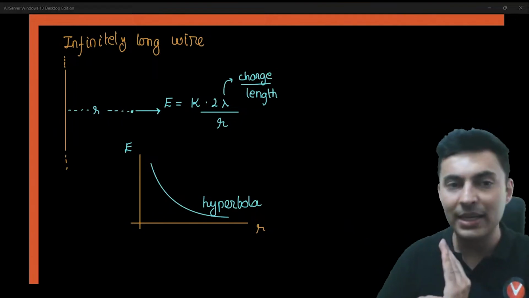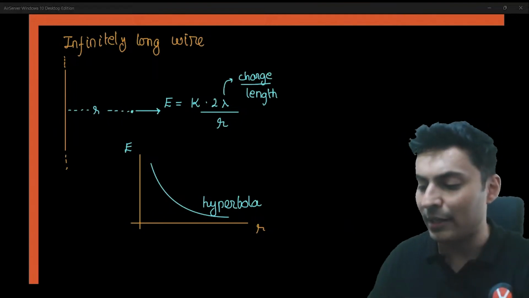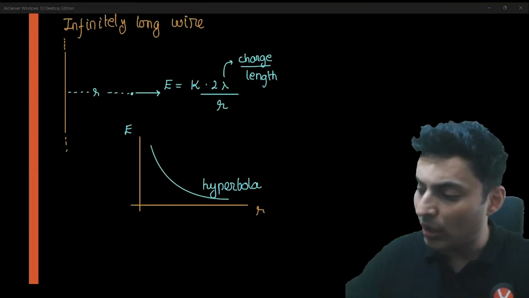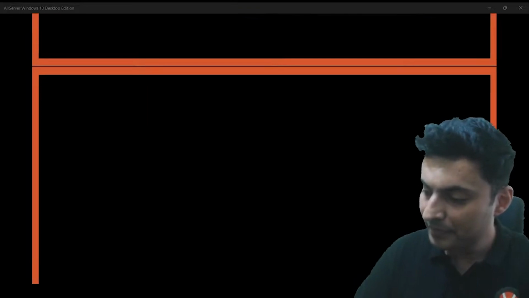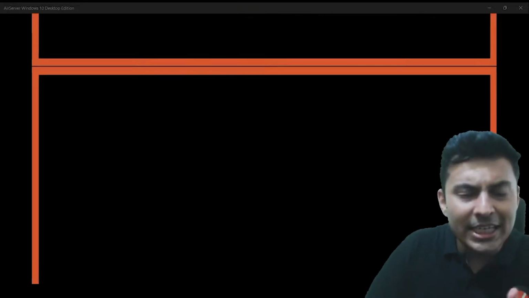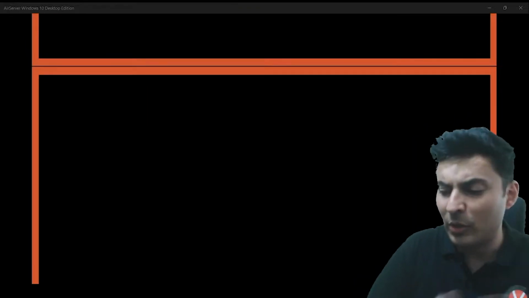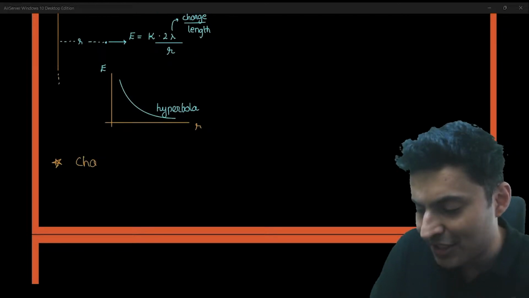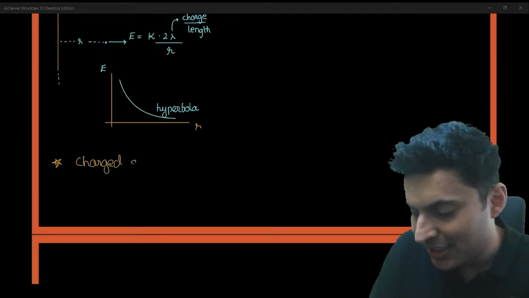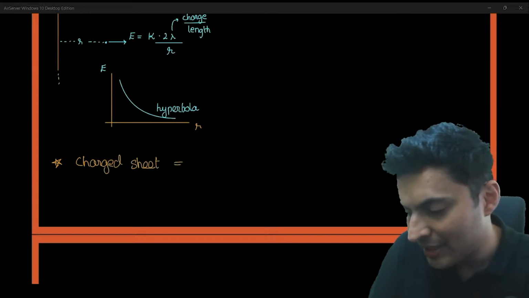Keep this in mind. It will be a rectangular hyperbola. If you talk about a charged sheet, I'll just mention it over here. Due to a charged sheet, the field is constant.